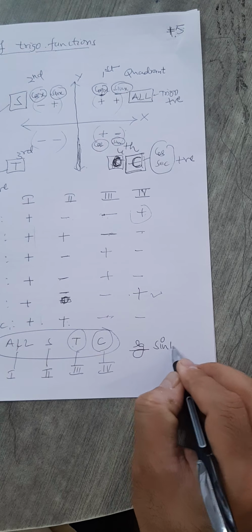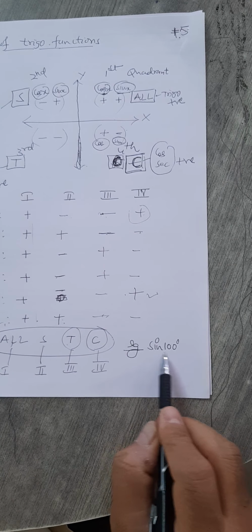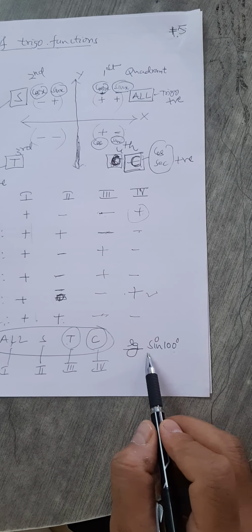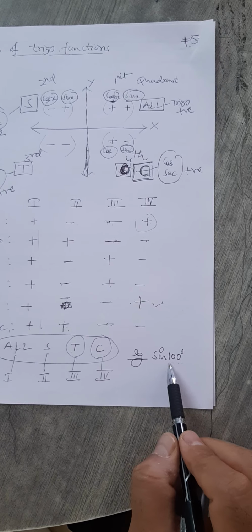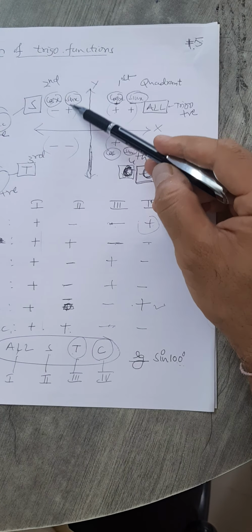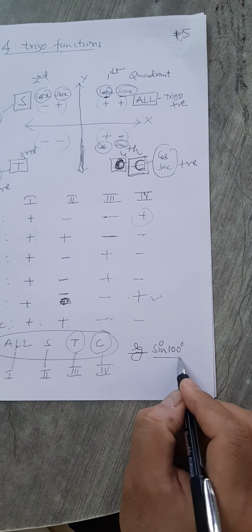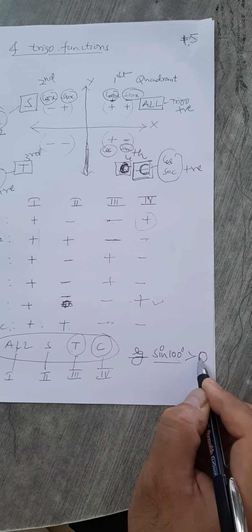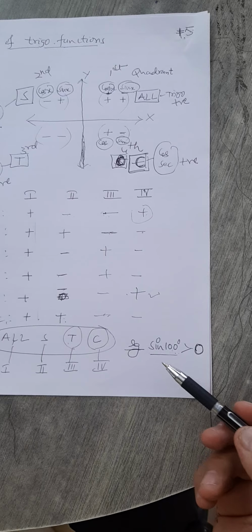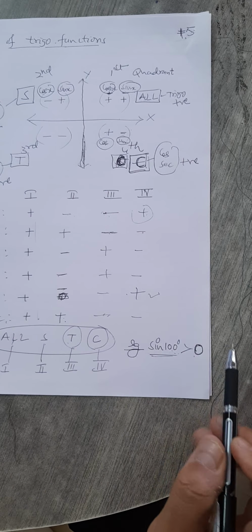So suppose I write sine 100 degrees. Without a scientific calculator you cannot get the value of sine 100 degrees, you will realize later on also. But at least you can say which quadrant 100 degrees is in: the second quadrant. Sine is positive in the second quadrant, so this must be greater than 0. It has to be positive, whatever it is. You can verify using a scientific calculator on your mobile or computer. Sine 100 degrees has to be positive.